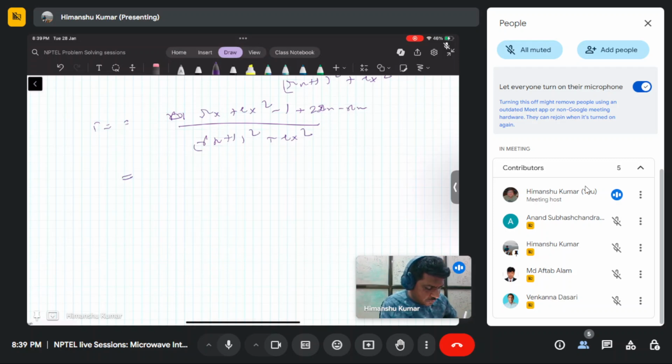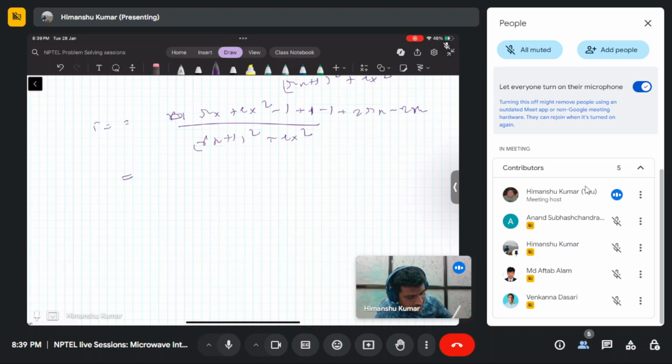Basically, I just want to simplify it, let me just write it clearly. Yeah. So what I will do is add plus 1 and minus 1 here, and plus 2 times rx minus 2 times rx.